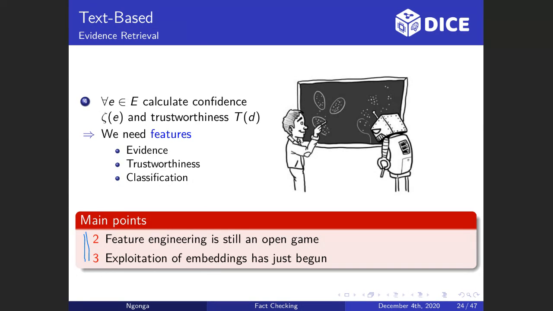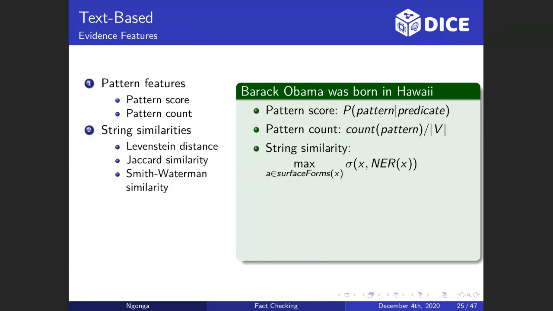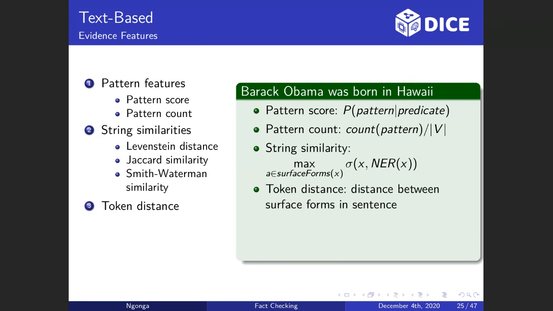And number 1 is basically automated feature engineering. That's still a rather open game for fact checking, and basically exploiting embeddings, of course, because then you could use automatic representation learning for this problem. And in the slides, I provide you with a bunch of examples of features which have been used, stuff like pattern features, as well as string similarity counts, as well as token distances and the like.